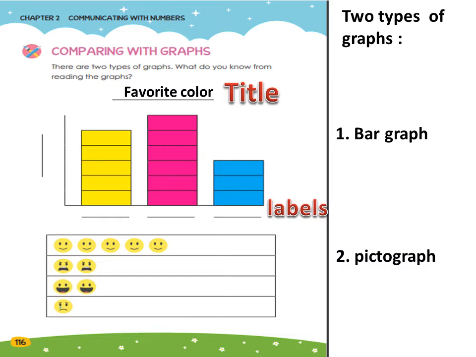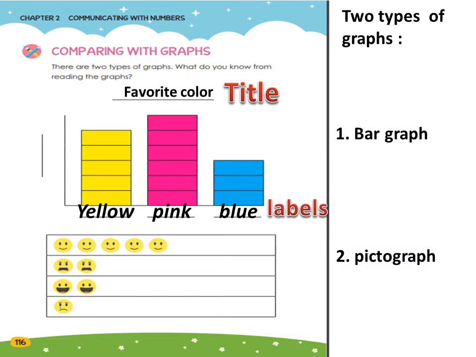The question is, what is your favorite color? So the answers will be yellow or pink or blue. These are my labels. Now this graph has a meaning. It compares the favorite colors. Which is the most favorite color? The pink one has 1, 2, 3, 4, 5, 6 votes from the students. Which is the least? The blue.